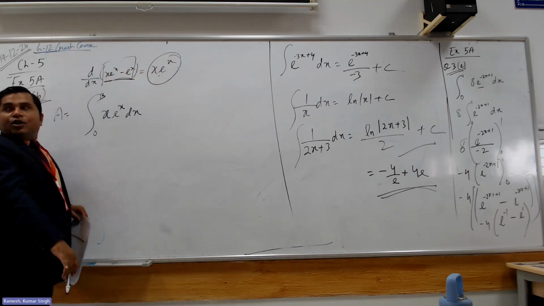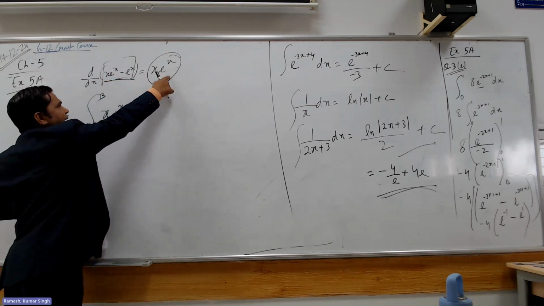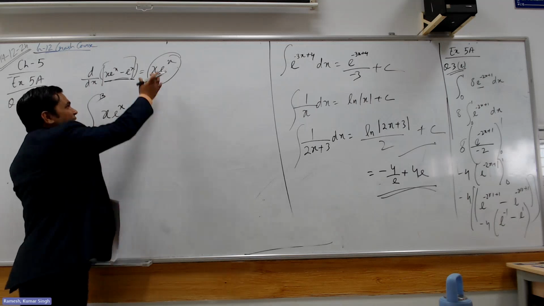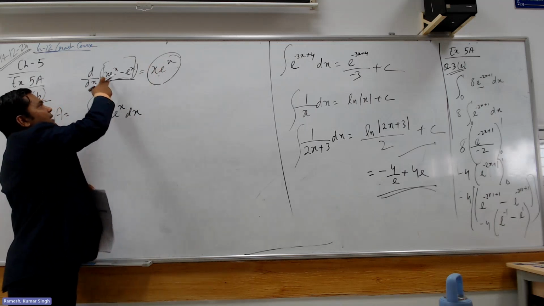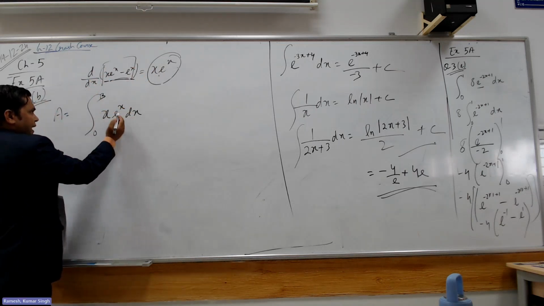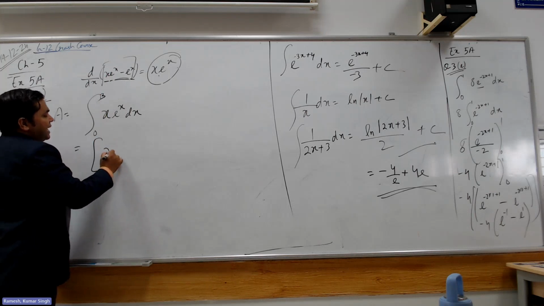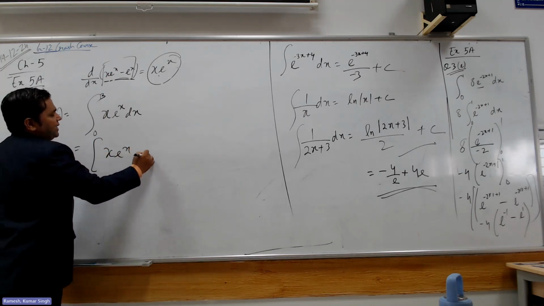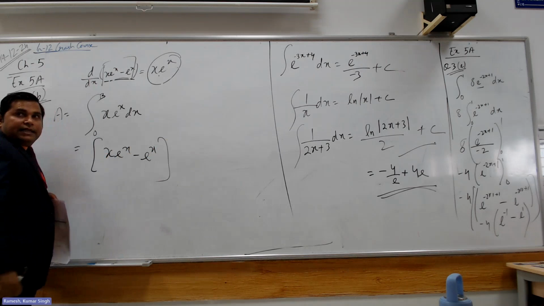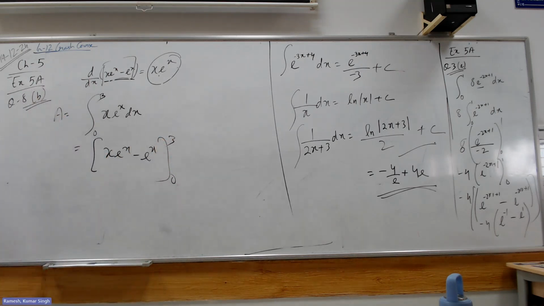Am I making sense or not? If the differentiation of this is xex, then the integration of xex is this. So we don't have to do integration, we can use the result. So it's going to be x minus 1 times e to the power x. That's the integration from 0 to 3. Put the limits.